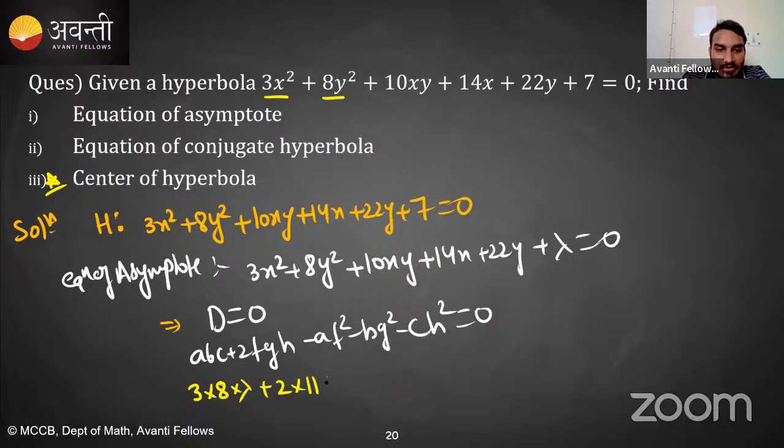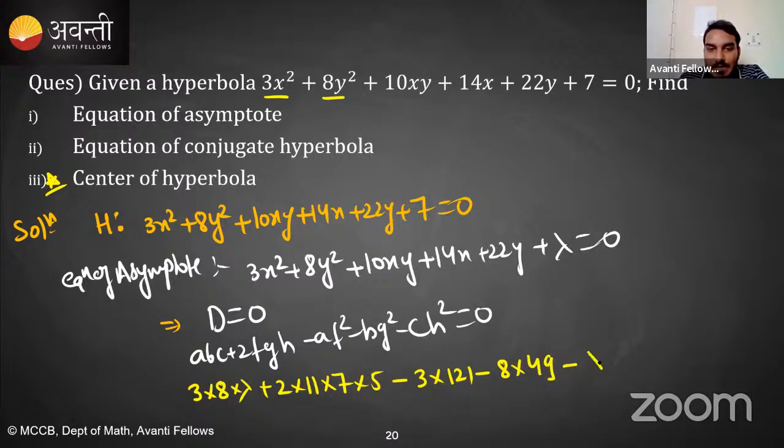F is 11, G is 7, H is 5 from 2HXY. Minus AF square: F is 11, 11 square is 121, minus B, which is 8, G is 7, so 7 square is 49, minus C, C is lambda, H is 5, 5 square is 25, is equal to 0.